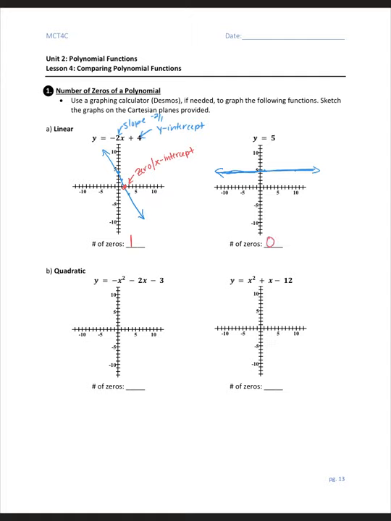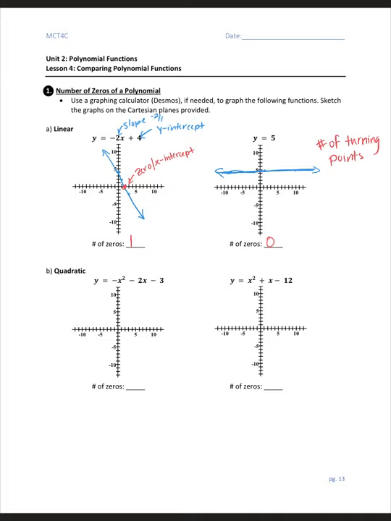All right. Something else I want to point out about these linear relations is I want you to notice how many turning points there are. So, number of turning points. What I mean by that is if we're looking at the graph, is there a point where the graph is increasing, and then it changes directions and it starts decreasing, or vice versa?